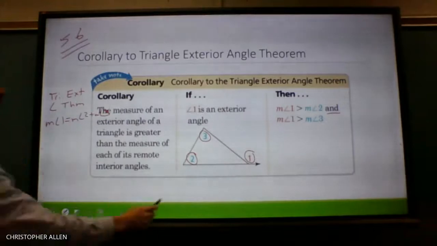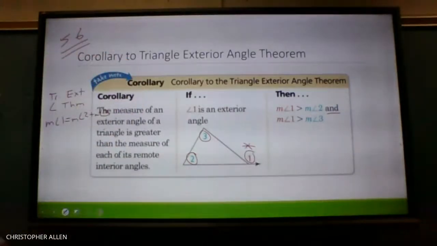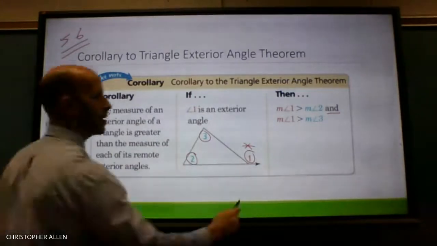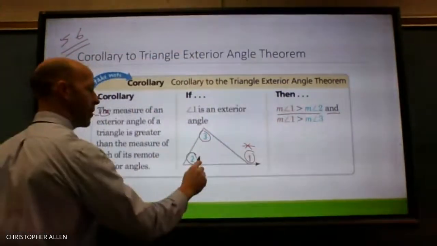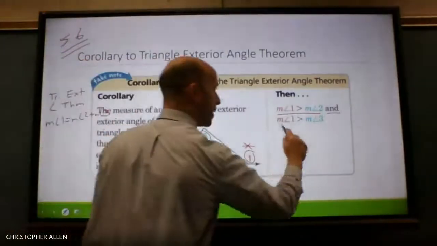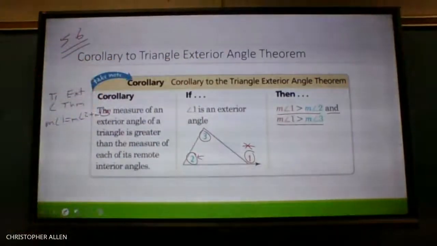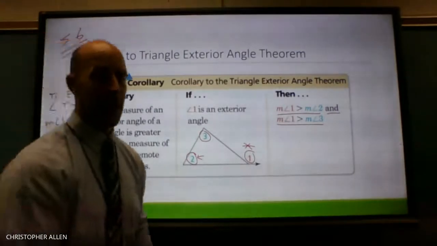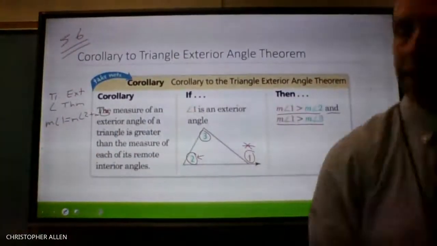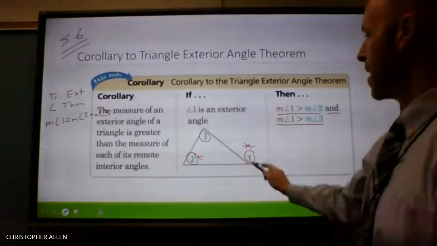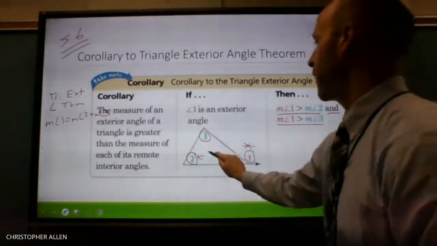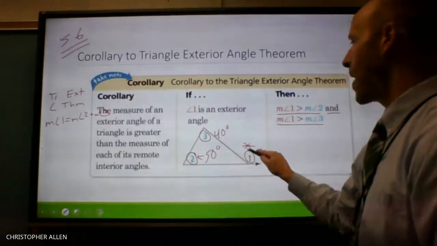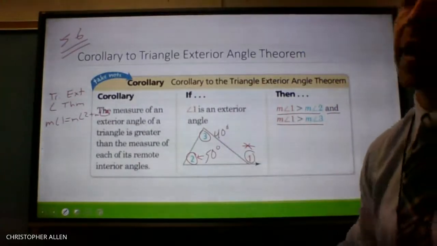So if angle 1, this angle here, is equal to these two added together, then clearly angle 1 has to be bigger than just angle 2, and bigger than just angle 3. I think this theorem is intuitive. If this is 50 degrees and this is 40 degrees, angle 1 has to be bigger than 50 and 40. In fact, it turns out to be 90.